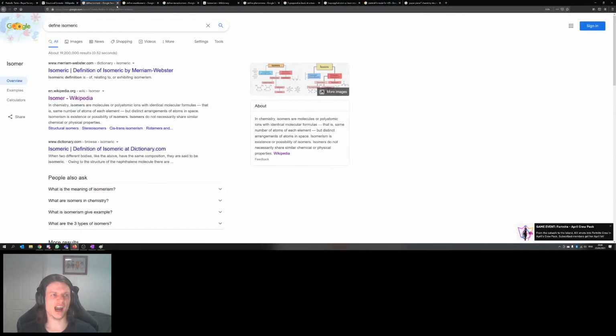Isomers are molecules or polyatomic ions with identical molecular formulas, that is, same number of atoms of each element, but distinct arrangements of atoms in space. Isomerism is the existence or possibility of isomers.